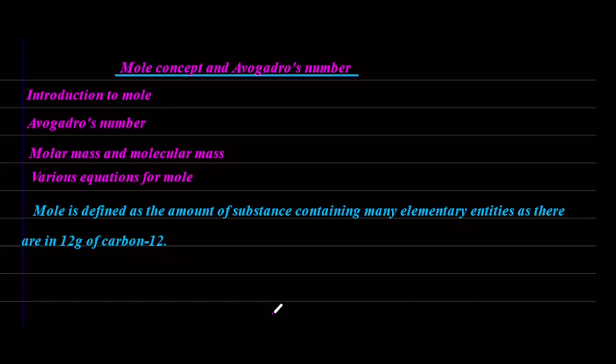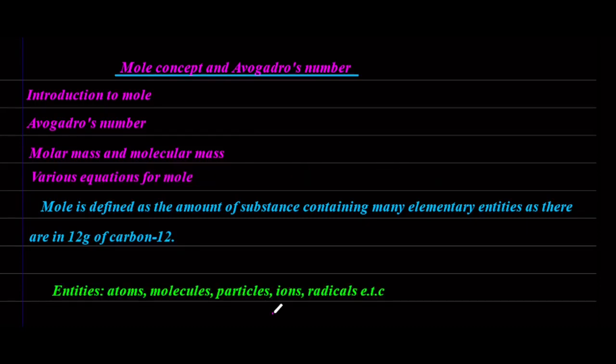So that means whenever we are making use of the mole, we must always specify the type of entities that we are talking about, because we have different entities in chemistry. We have atoms, molecules, particles, ions, radicals, and so on. So when we are making use of the mole concept, we must specify the type of entities as we can see them on the screen.